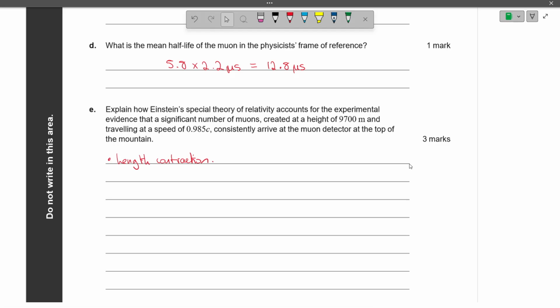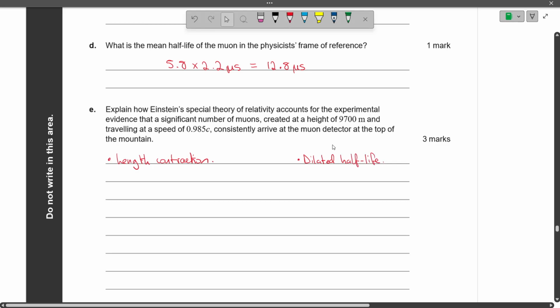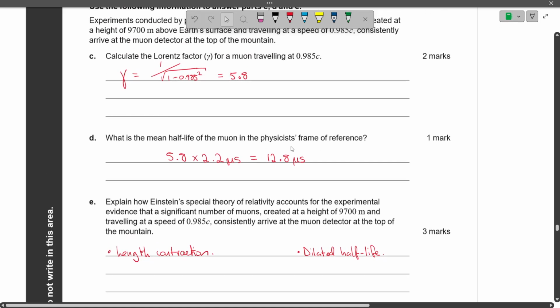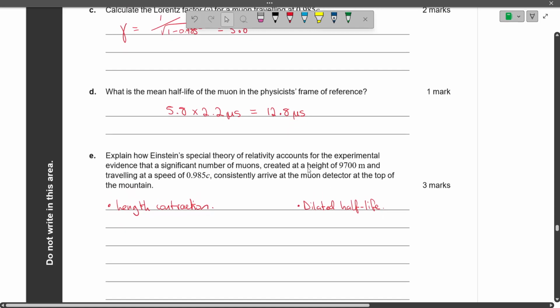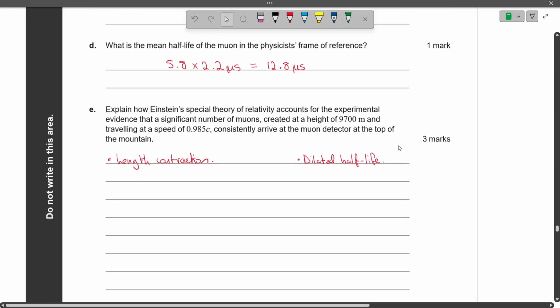The other way to see it is using the time dilation, or the dilated half-life of those muons, okay, which I guess is what this question here was trying to get to, but for whatever reason wasn't very clear.